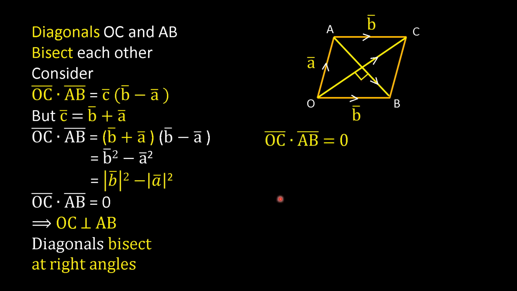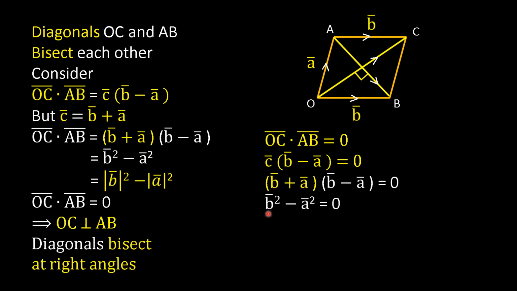Now we have to show adjacent sides of this parallelogram are equal. For that we will consider OC bar dot AB bar equals 0. OC bar is C bar, AB bar is B bar minus A bar. C bar is B bar plus A bar. It will be B bar squared minus A bar square equals 0, which will be mod B bar squared minus mod A bar square equals 0.